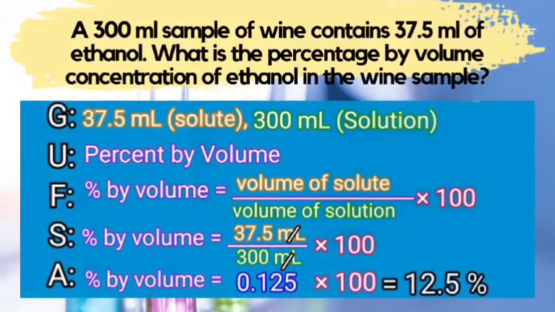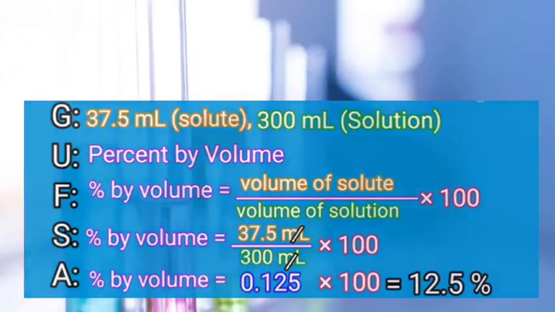So, let us solve. 37.5 ml all over 300 ml will be 0.125. So 0.125 multiplied by 100 equals 12.5%. And so, the percentage by volume concentration of ethanol in the wine sample will be 12.5%.